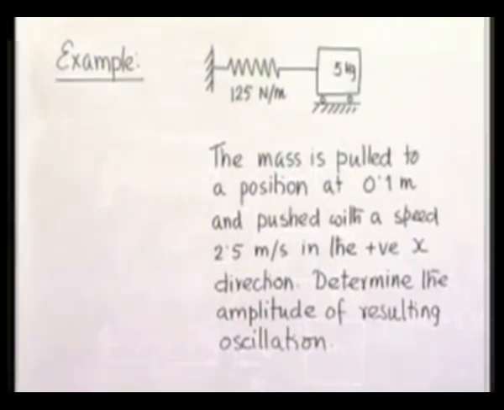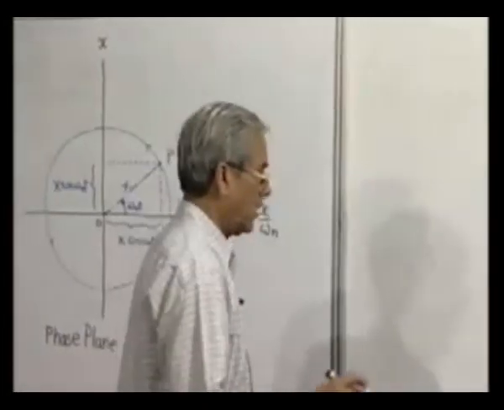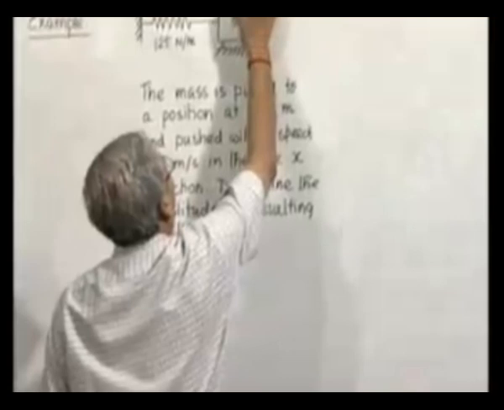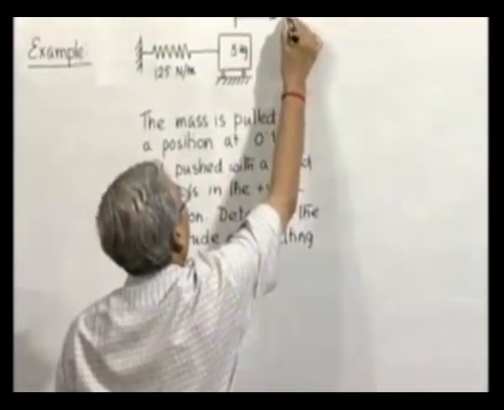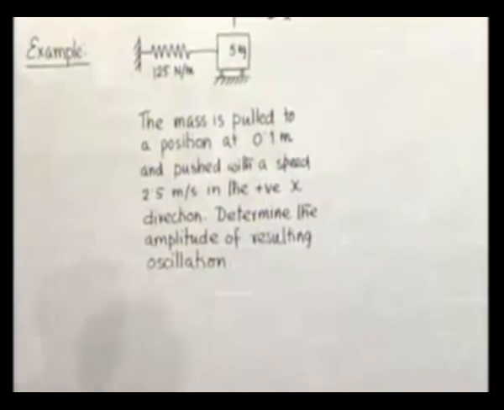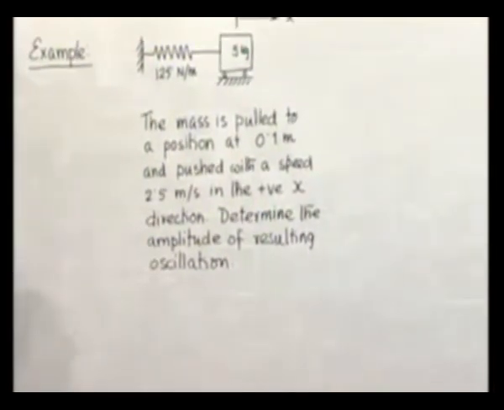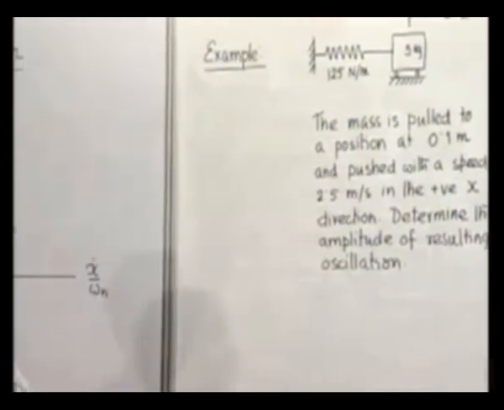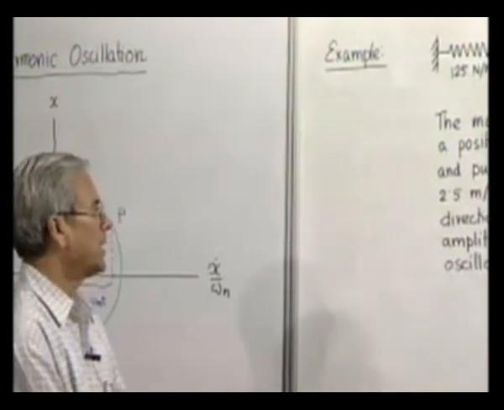Then the mass is pulled to a position in this direction by 0.1 meter and then pushed with a speed 2.5 meter per second in the positive x direction. Determine the amplitude of resulting oscillation.